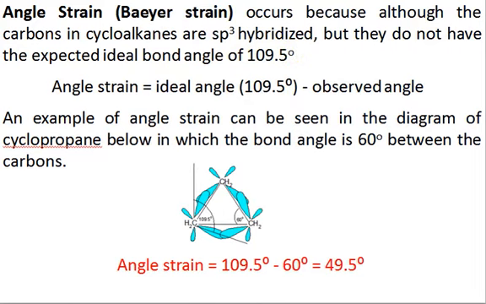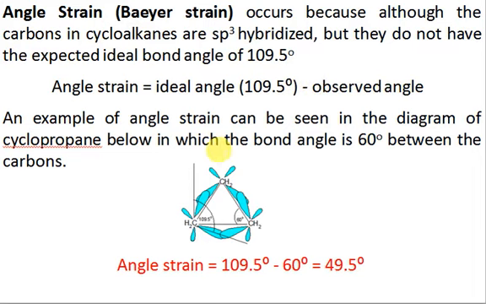So the angle strain results when there is a deviation from the ideal bond angle. In order to calculate the angle strain, you just subtract the observed bond angle from the ideal angle. The ideal angle is 109.5 and the observed angle is whatever angle you have.